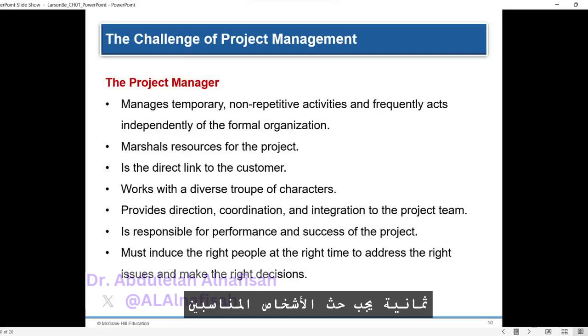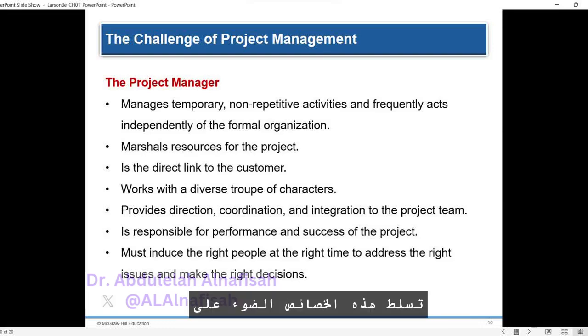Must induce the right people at the right time to address the right issues and make the right decisions. Project managers play a crucial role in assembling the right team members and stakeholders, ensuring their involvement at the appropriate stages of the project. They facilitate decision-making processes and provide guidance to ensure that critical issues are addressed effectively.